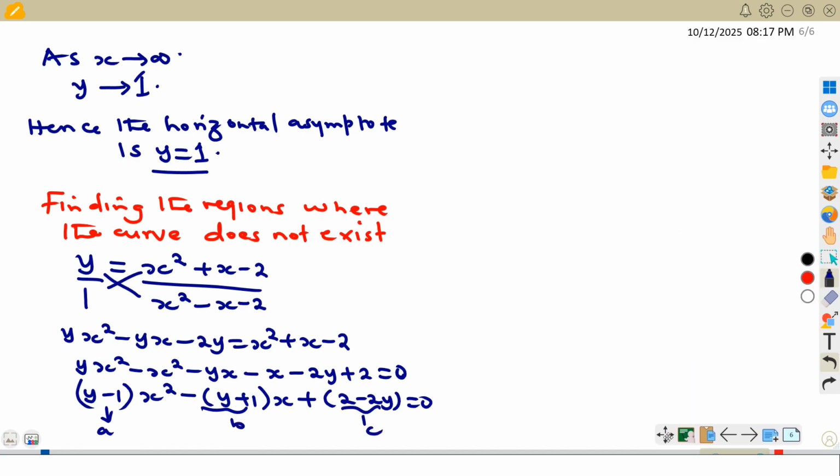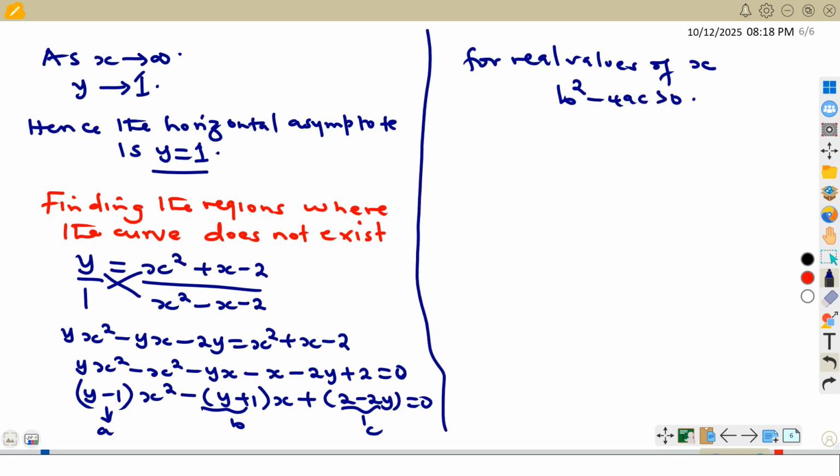Having obtained the quadratic equation in terms of x, for real values of x, b squared minus 4ac should be greater than or equal to 0. For real values of x, that must happen.